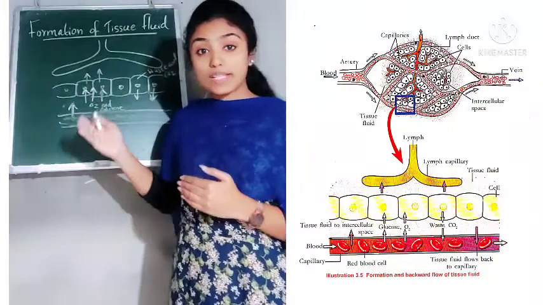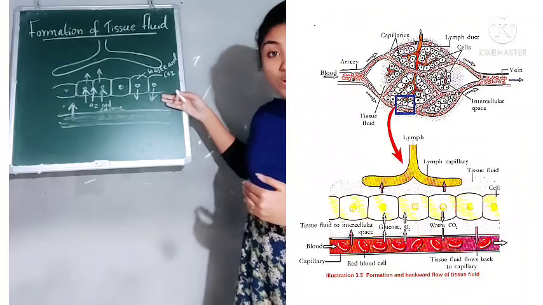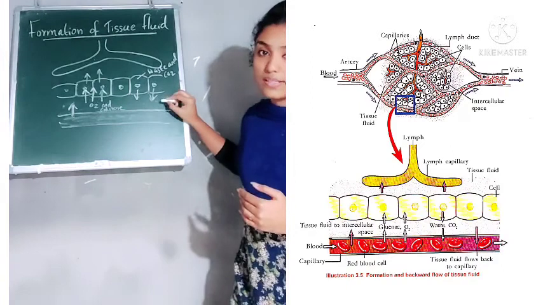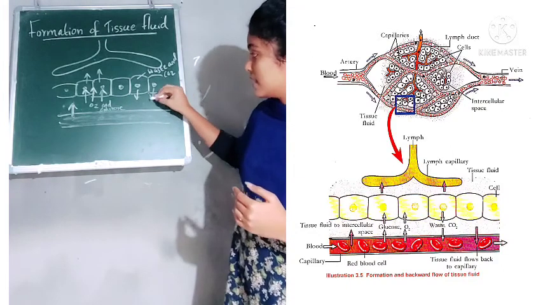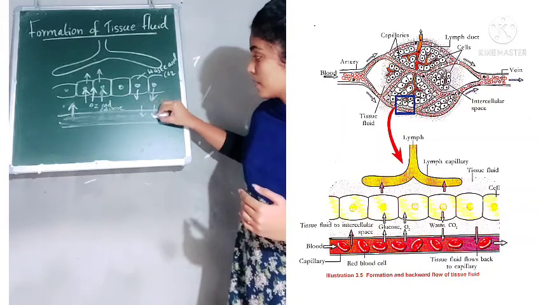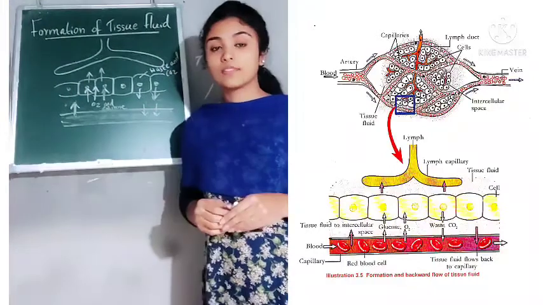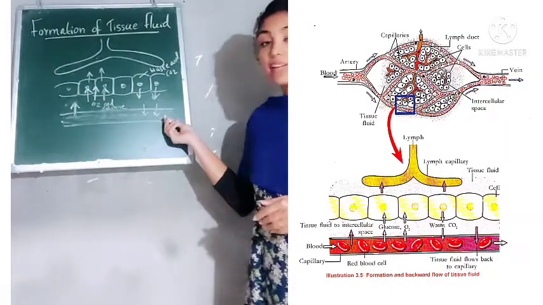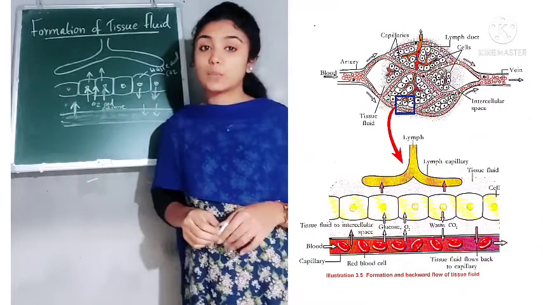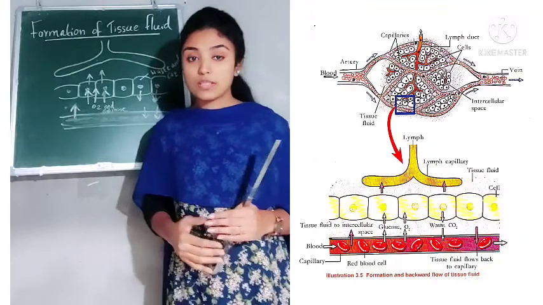So this waste and carbon dioxide get carried along with the tissue fluid, which re-enters into the intercellular space. And this tissue fluid again enters back into blood capillary. So now this is impure blood, and then this blood enters into vena cava and reaches the heart again for purification. So children, let us say the entire process once more.